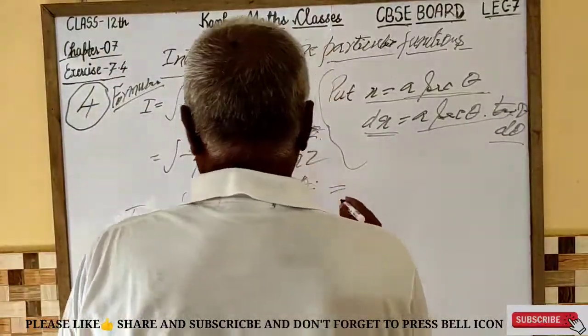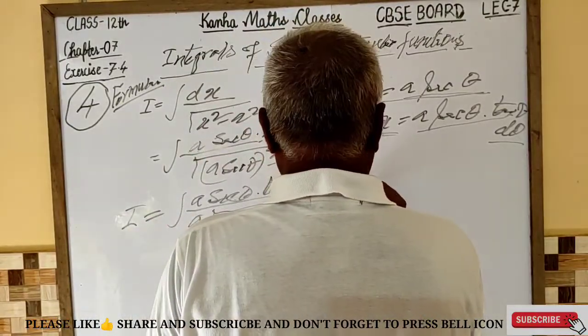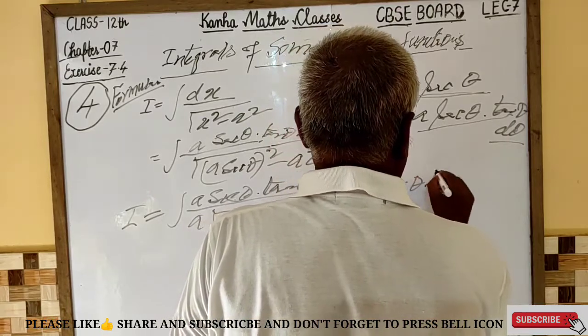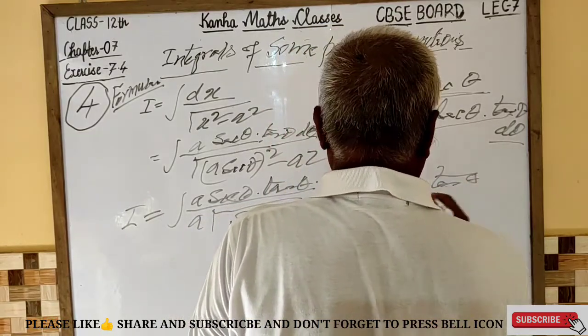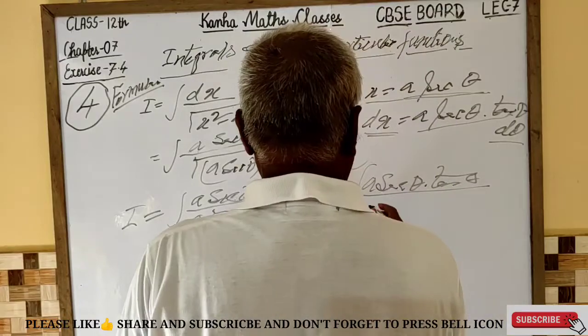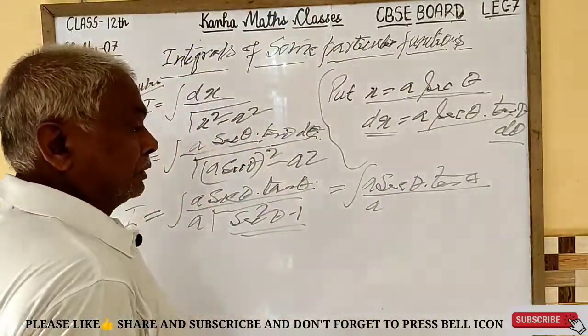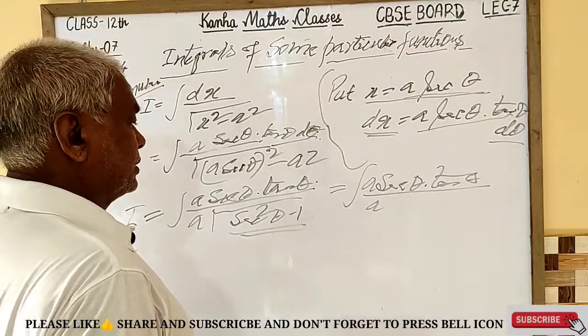Now sec square theta minus 1 will be equal to tan square theta.